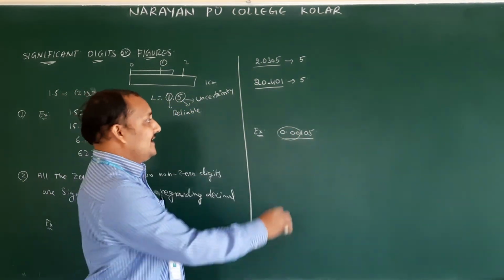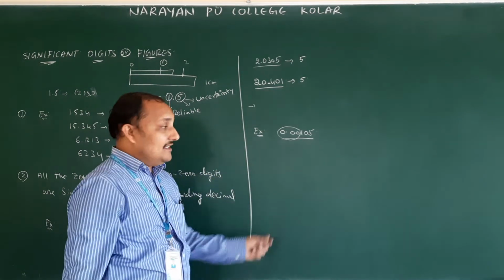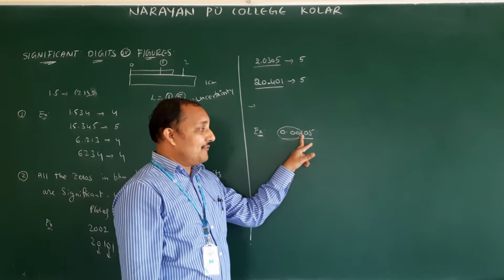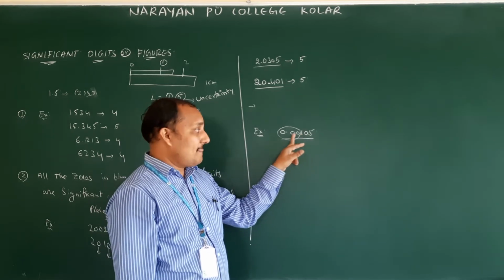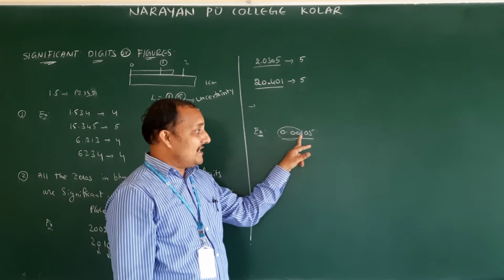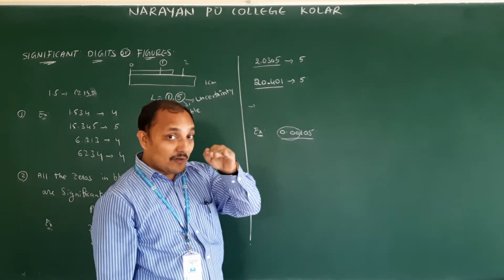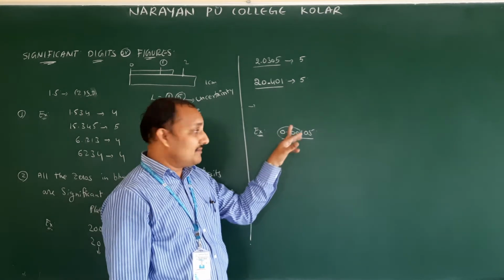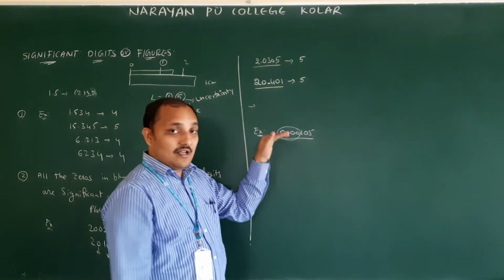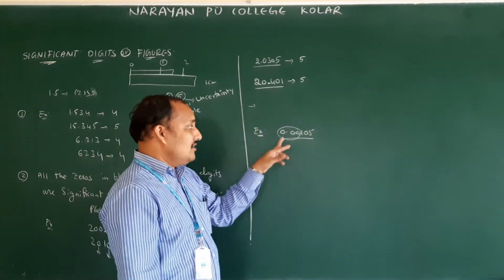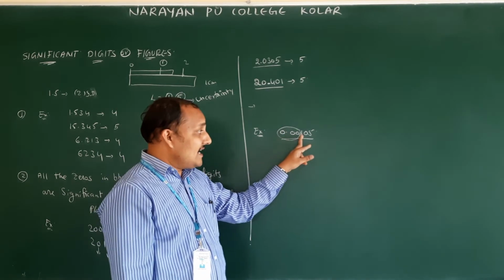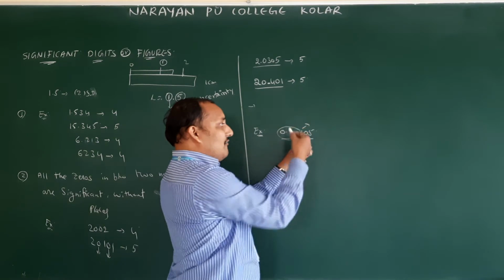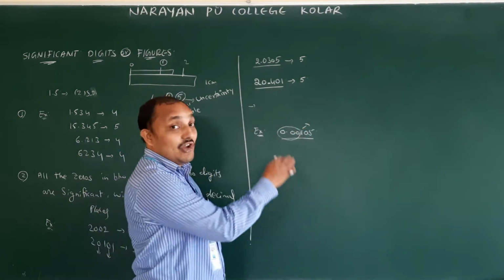So that is rule number 3. According to this, the zeros after the decimal place and before the non-zero digits. This is for numbers below 1. Below 1 means obviously here 0 will be there. Above 1 means here 1 point will be there. I am saying about less than 1. So the zeros after the decimal place and before the first non-zero digit are not significant.